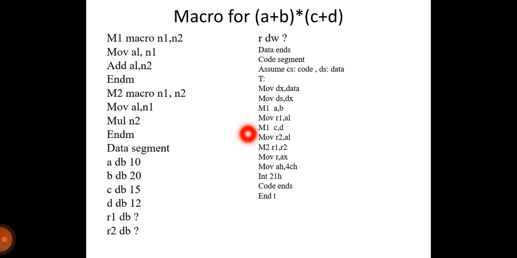And the multiplication macro, m2, will be called only one time. m1 will be called two times, with parameters a, b and with c, d, and m2 will be called only one time. The result of the first addition and the result of the second addition get multiplied with each other, and the result is stored in ax.